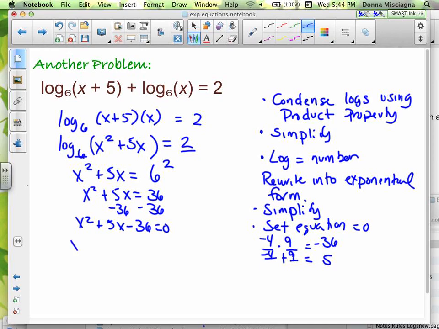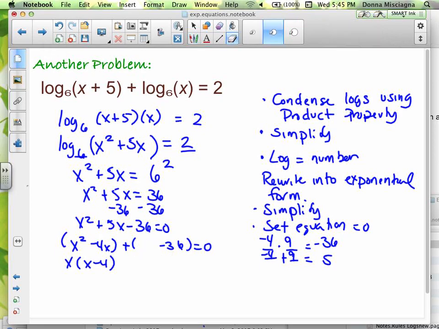All right, so we have x squared minus 4x, and then plus 5x minus 36 equals 0. And then we'll factor out the x. We have got an x minus 4. Oops, sorry. And nobody said anything. I put a 5 instead of the 9.